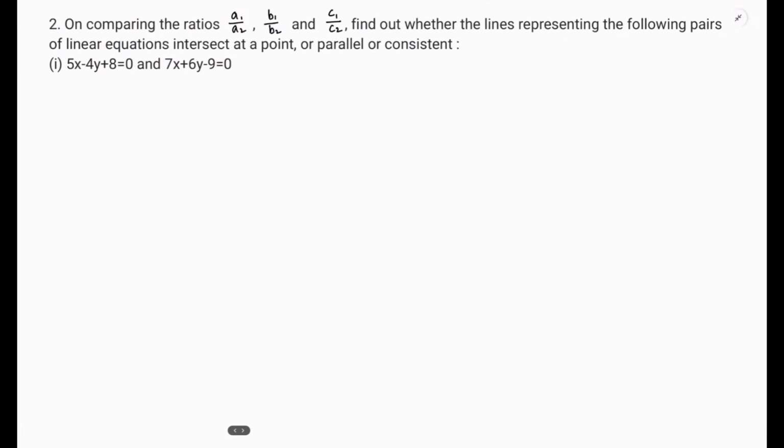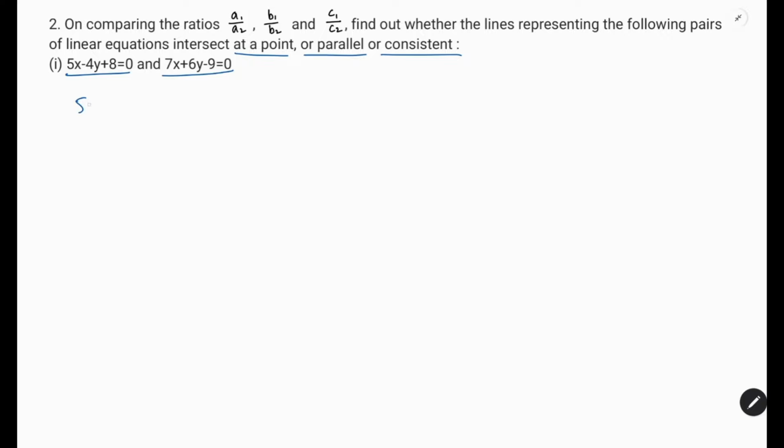On comparing the ratios a1 by a2, b1 by b2 and c1 by c2, find out whether the lines representing the following pairs of linear equations intersect at a point, or are parallel, or coincident.